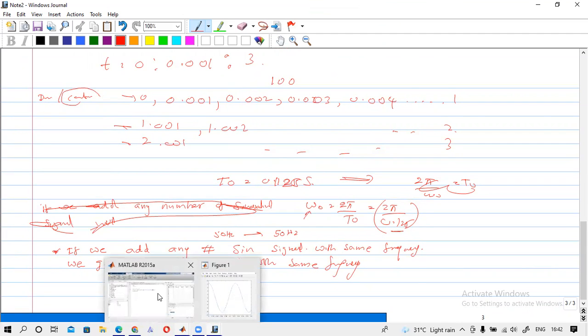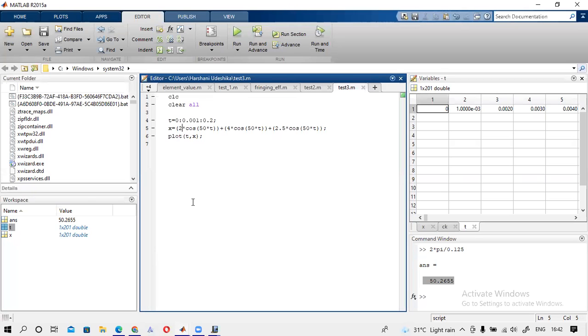Now, if you can write this in your MATLAB, you can change this value to any value, say 20, and you can also add some phase shift here, any phase shift, but don't change the frequency. You can change the amplitude and the phase shift.